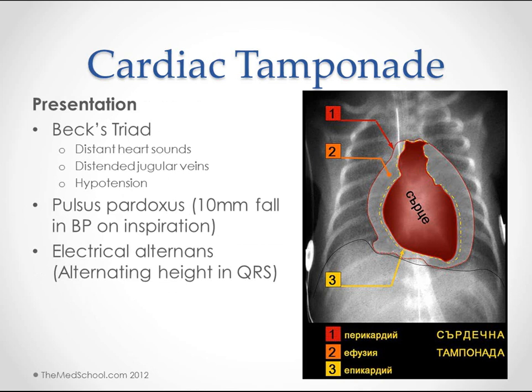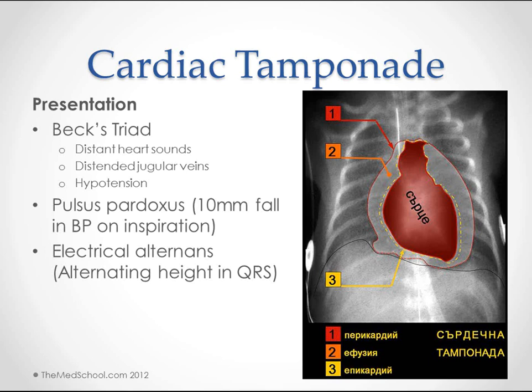And the classic presentation of cardiac tamponade is Beck's triad. So you have distant heart sounds, distended jugular veins, and hypotension. And also you're going to have pulsus paradoxus. You're going to want to check the blood pressure on inspiration.